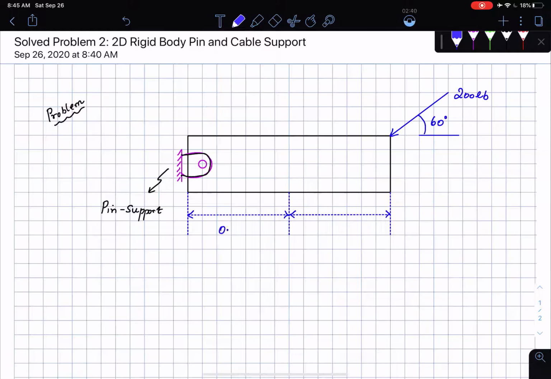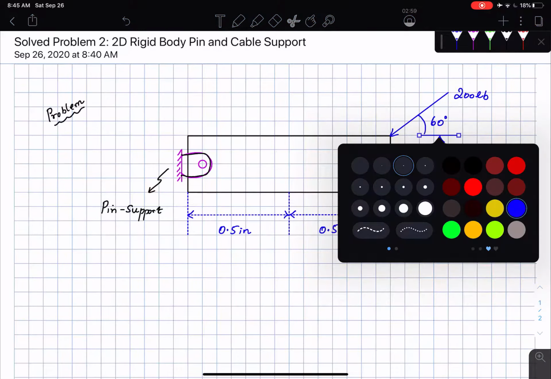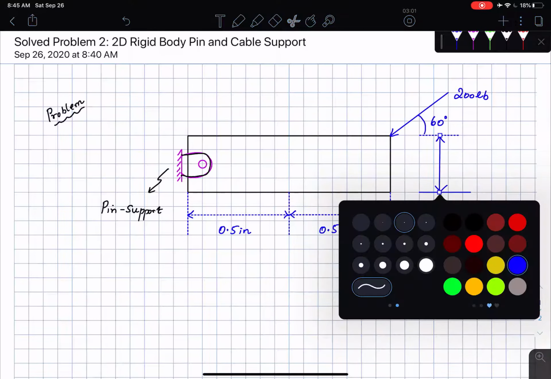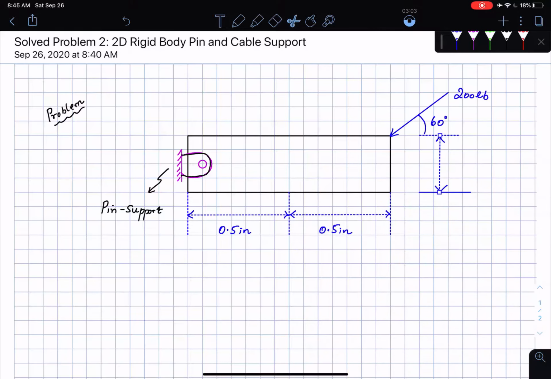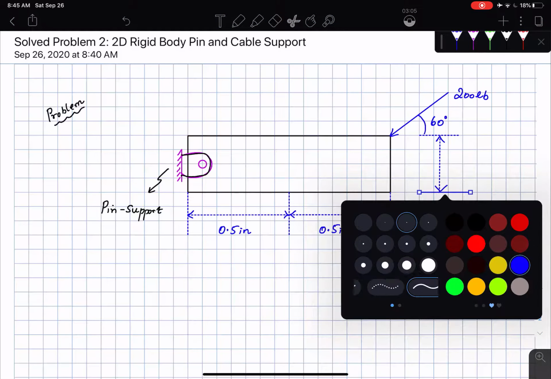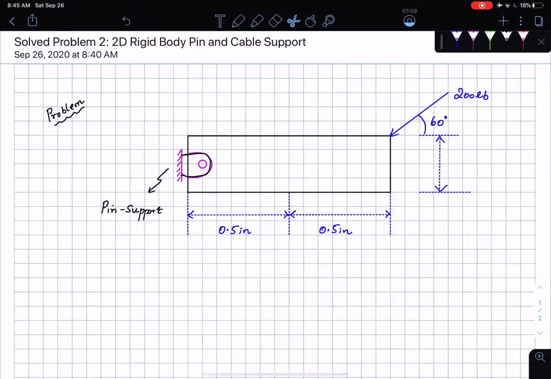This is going to be 0.5 inches, and this is also 0.5 inches, and I have one more dimension here from the top to the bottom. So the width of the beam is known to me, if you want to think of it that way. These are also dimensions, so I'm going to mark them with dotted lines. The angle made by the force is given to me, as well as the height of this beam here. This is going to be 1 inch.